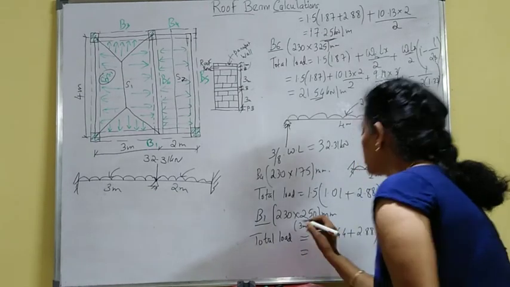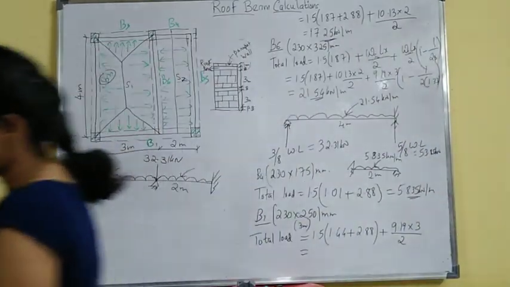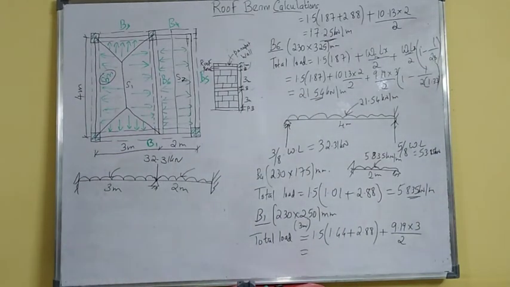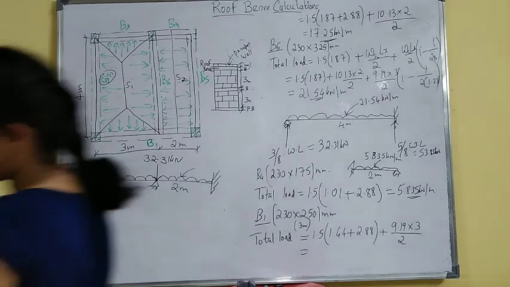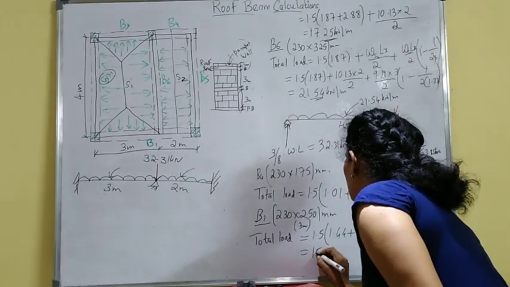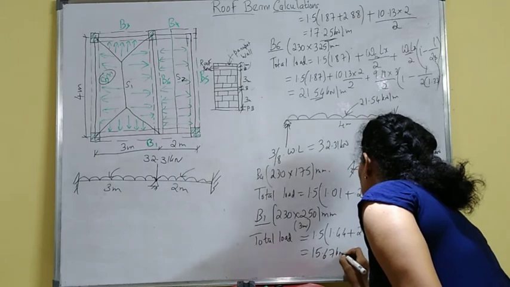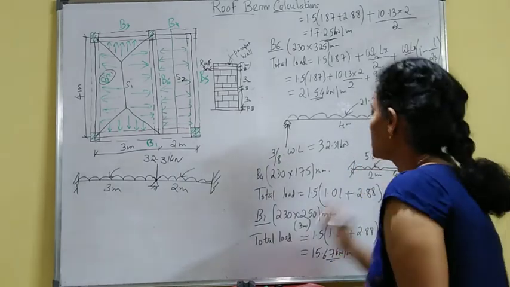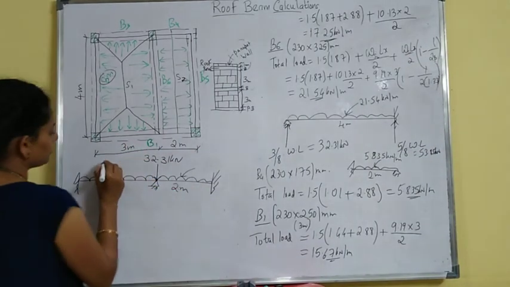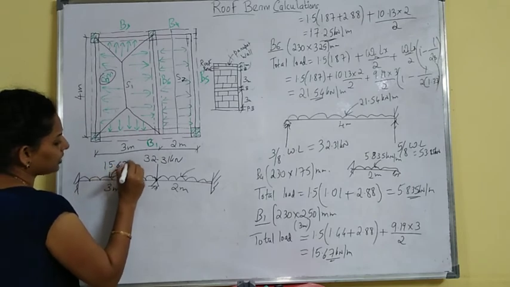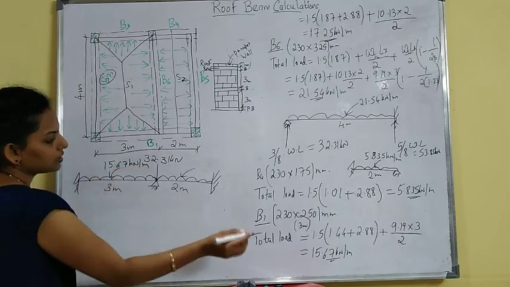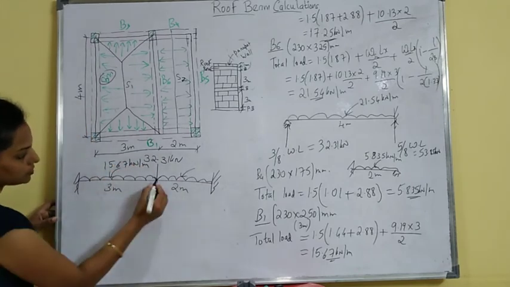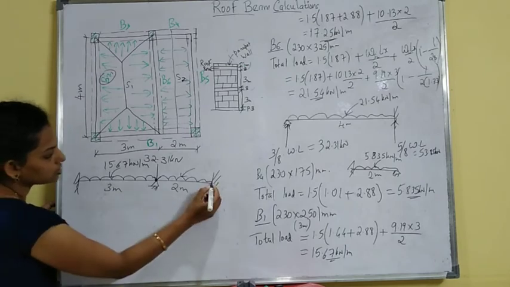This is your total load up to the 3 meter span. So it will be 15.67 kilonewton per meter.